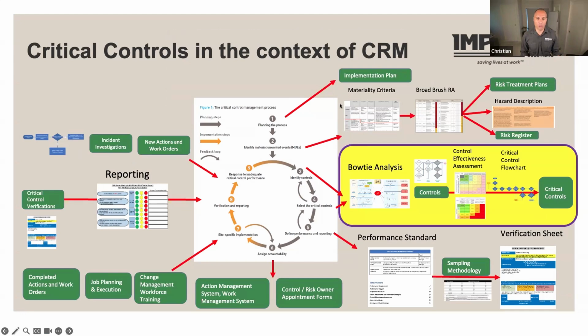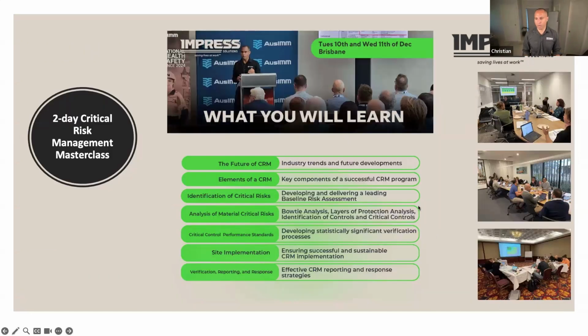That's where what we do in the two-day course is we go through each step. How do you do it? What's a template? Let's do a practical case study to go through everything. So at the end of it, you can walk away back into your organization with all of the templates, the knowledge, and the practical case studies to be able to go end to end on critical risk management.